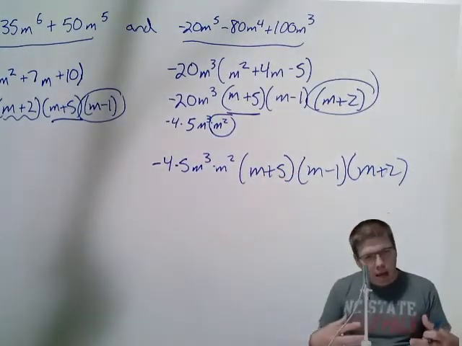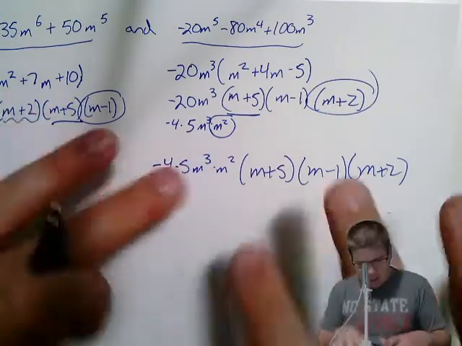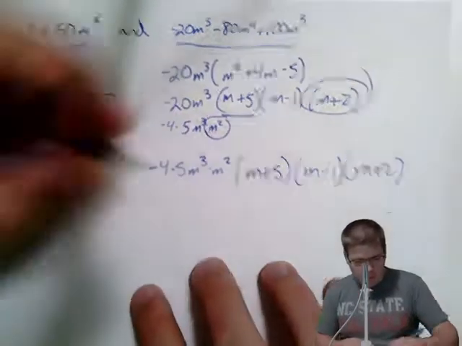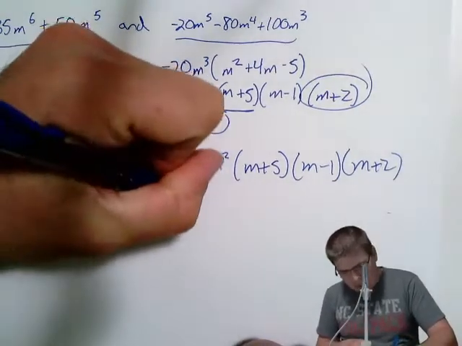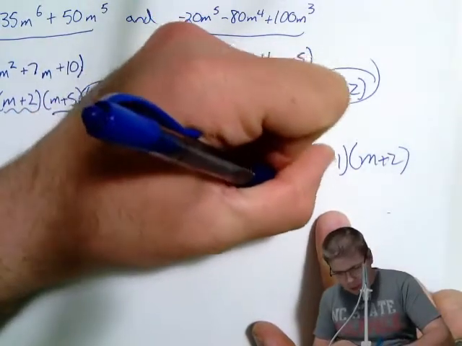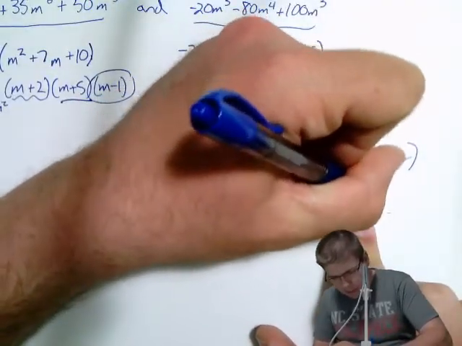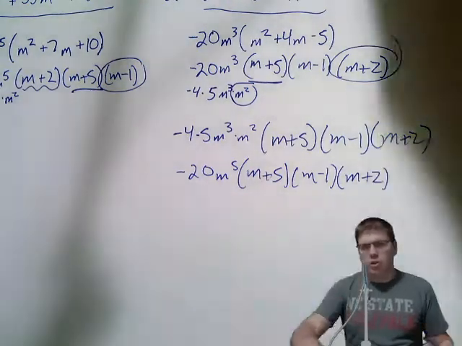So now we can multiply this back together to make it a little more presentable. So I would probably leave this as negative 20 m to the fifth times that m plus 5, m minus 1, m plus 2. And that's where I would get both of those denominators to.